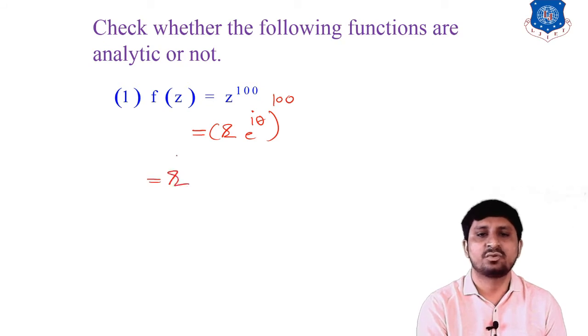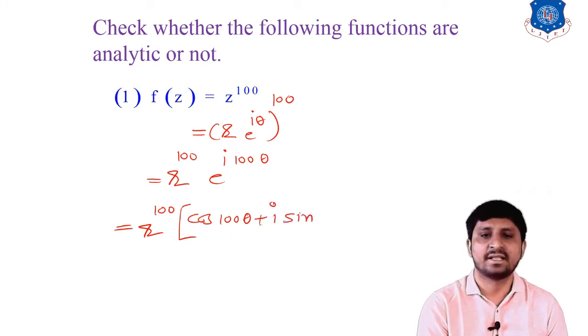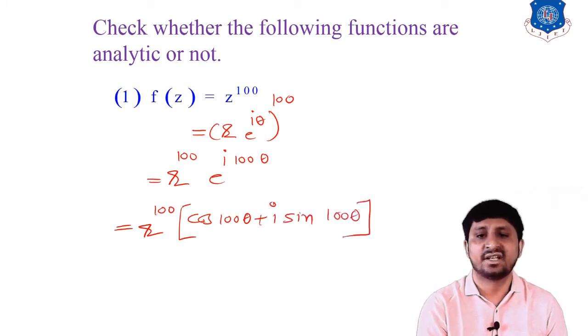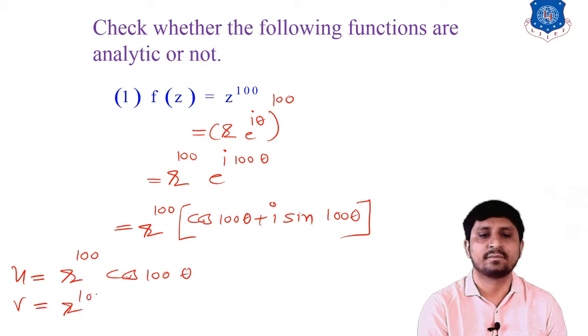The function is r raised to 100 and e raised to i into 100 theta, which can be written as r raised to 100 into cos 100 theta plus i sin 100 theta. So what is the value of u? u is equal to r raised to 100 cos 100 theta, and v is equal to r raised to 100 sin 100 theta.